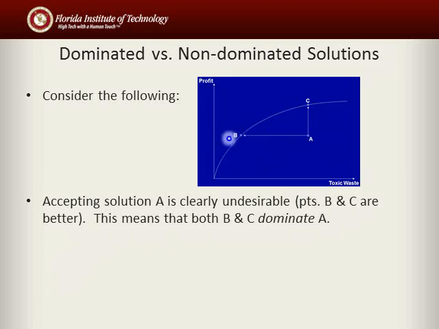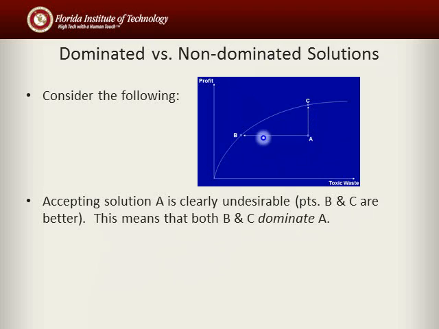Well, if you compare that to point B, which is a solution here, you will obtain the same amount of profit at a much lower toxic waste. So B is clearly a better solution than A in this sense. Solution C will give the same amount of toxic waste, but at the same time will give you more profit. So C clearly is better than A.